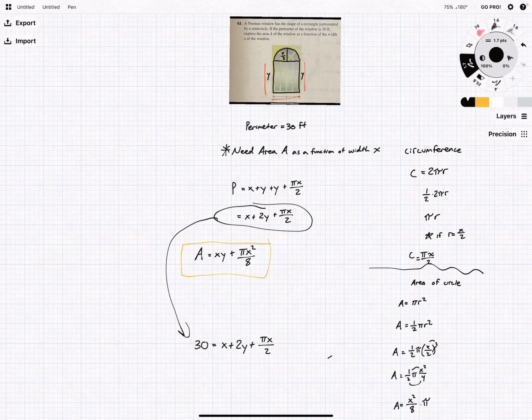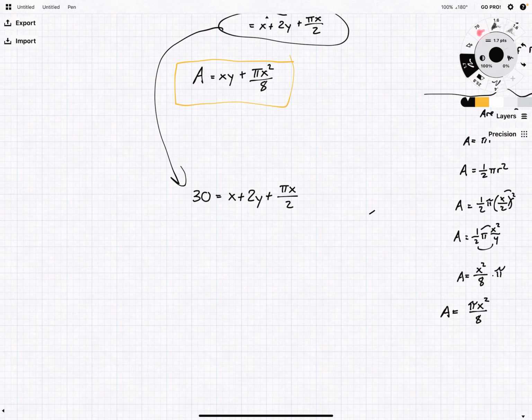Because it says express the area as a function of width x. Okay? So let's go ahead and get started with getting y all by itself. The first thing that I want to do, this might be a little bit of an OCD thing to do, but I would like to switch the left and right side really quick, just to get y on the left side. I always like putting variables on the left side when we have to isolate them.